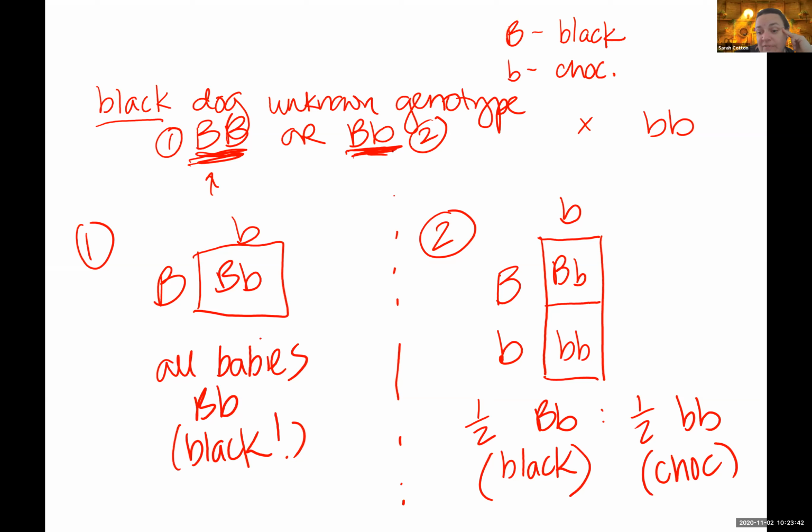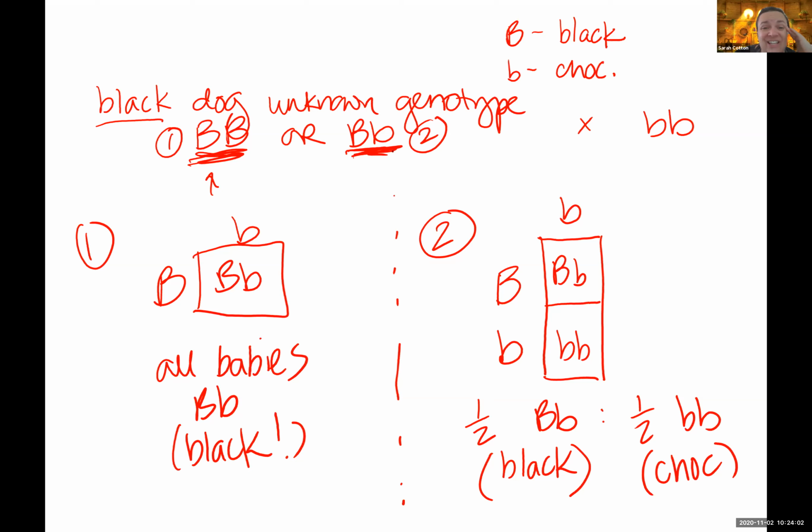Or they could have 10 puppies and 5 of them might be chocolate, 5 of them might be black, or 3 of them might be black and 7 of them might be chocolate. Remember, these are probabilities, not promises. So it's just like on average. Think about it that way. But if there are any chocolate puppies at all, you automatically know that she was heterozygous.